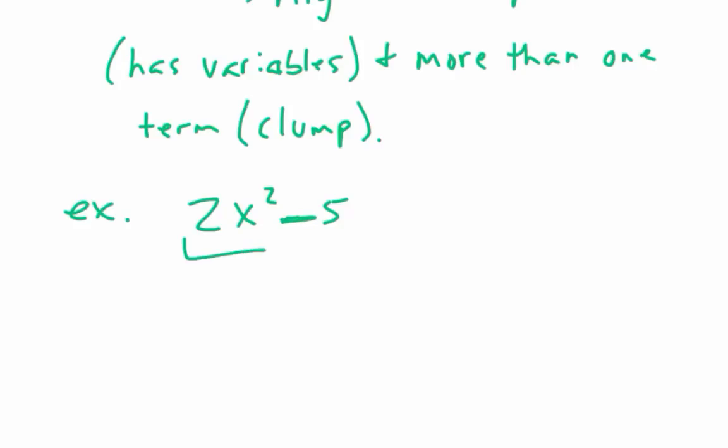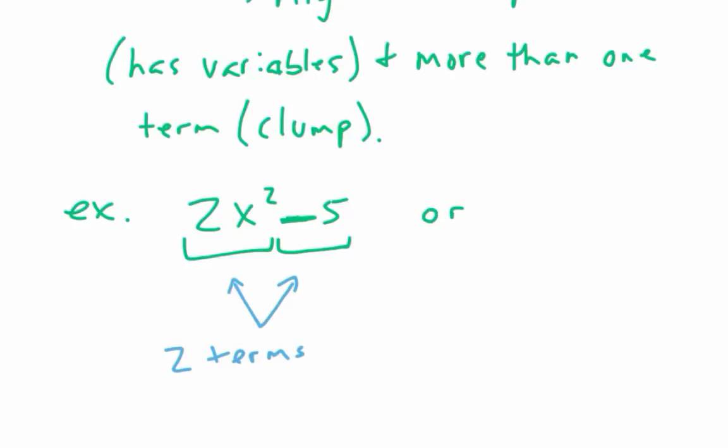One term is the 2x squared, and the other is the minus 5. I'm including the minus because the generic definition is that this is the same as plus a negative 5, so my second term is technically a negative 5. But I like seeing it as a minus 5 more than the plus a negative. So that would be one polynomial, and it has two terms.